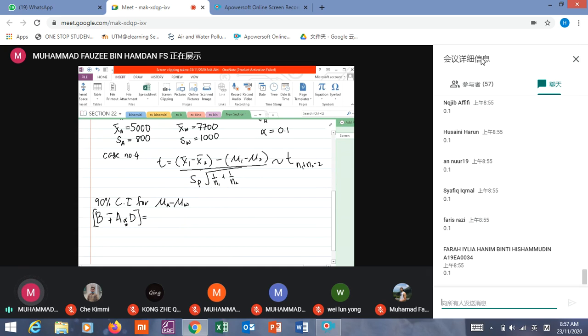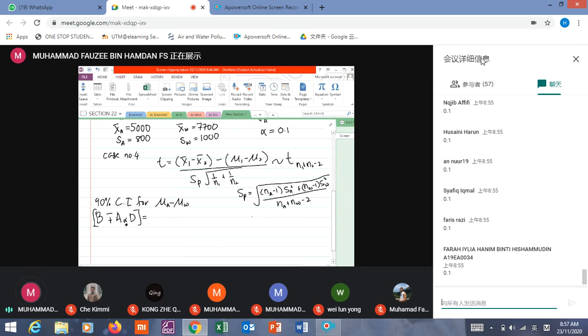Now if you look at this formula, maybe you need to calculate SP first by using the formula. What is the formula? I think I already gave you, or you can refer to the list of formula. This is NA minus 1 SA power of 2 plus NW minus 1 SW power of 2 over NA plus NW minus 2.